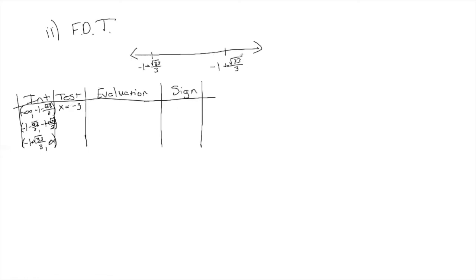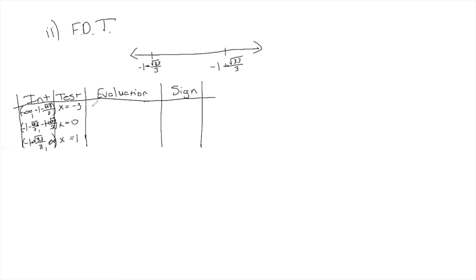In between here, clearly 0 lives here, because this is definitely bigger than 1. So -1 plus this is going to be bigger than 0, and this is definitely less than 0. So x equals 0. And up here, we can pick x equals 1 for similar reasoning. This is about 0.9 something.